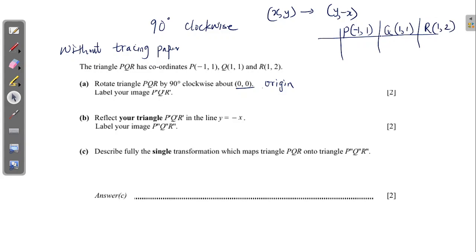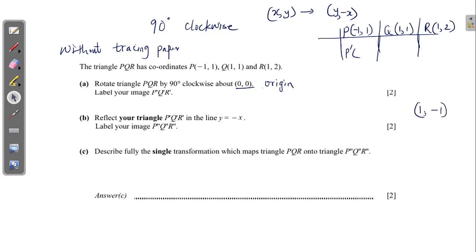So after I rotate, applying the law, and don't forget this is about the origin, my point P prime is going to be. Now the law says that you have to switch the x and y. So for this P, I'm going to bring 1, then bring -1 like this.